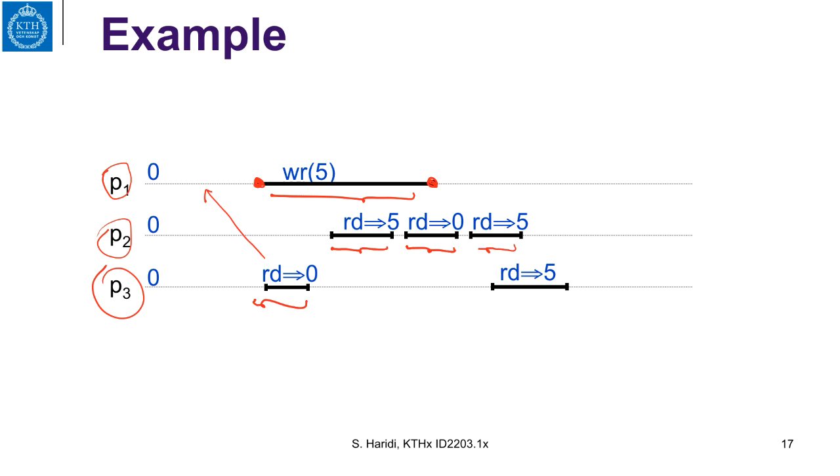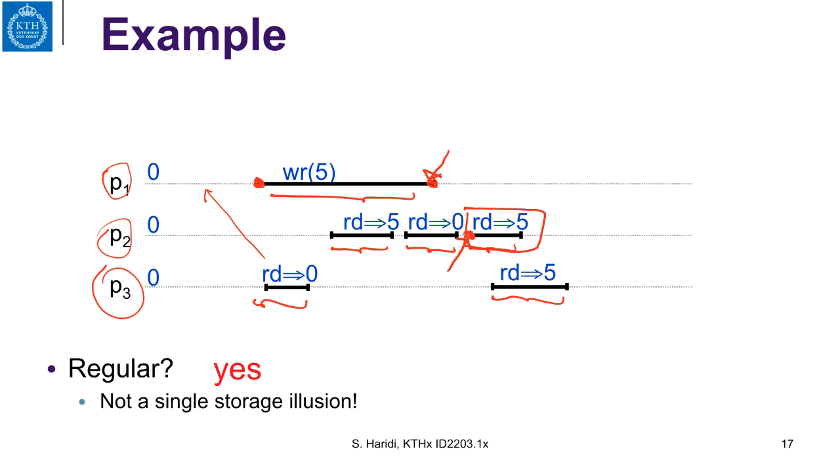And this is again correct, and in this case it is not overlapping with the write, and therefore it has to return the value of 5. The same thing for here. This operation comes after the write operation because the invocation of the read is after the response of the write. So this is regular, but it does not give you a single storage illusion.